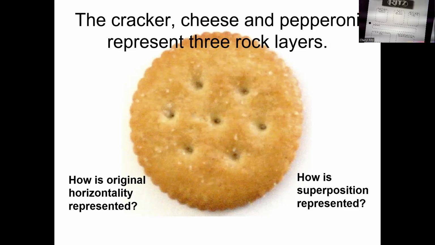You put down the cracker first, which makes it the oldest, followed by the cheese. And finally, you place the pepperoni on top. That is the youngest. So superposition, the oldest layer, the cracker is on the bottom. The youngest layer, the pepperoni is on top.